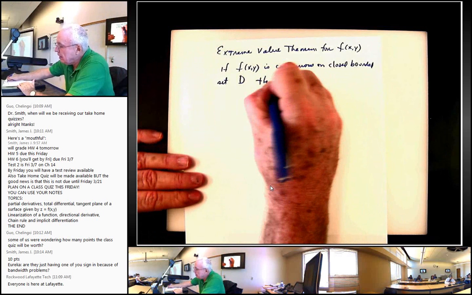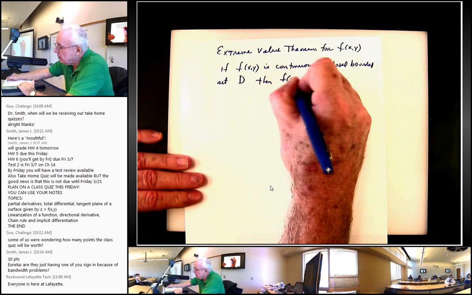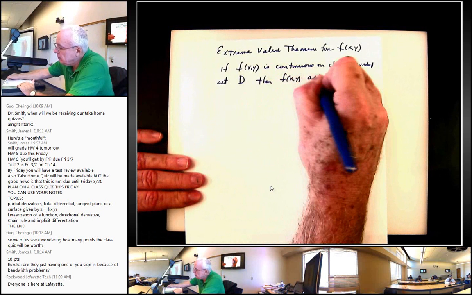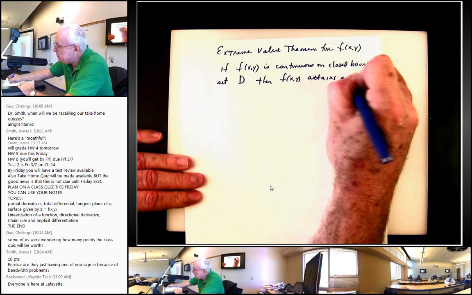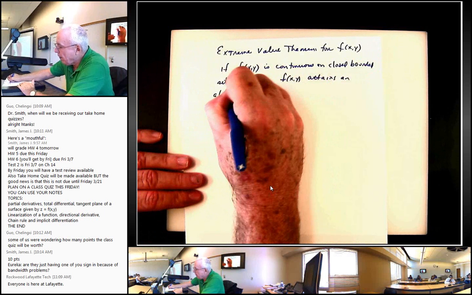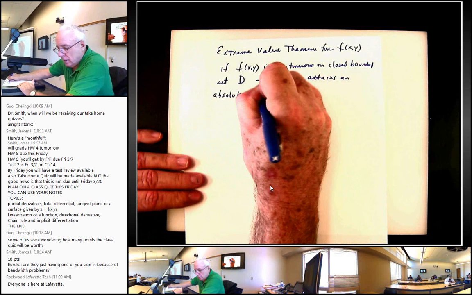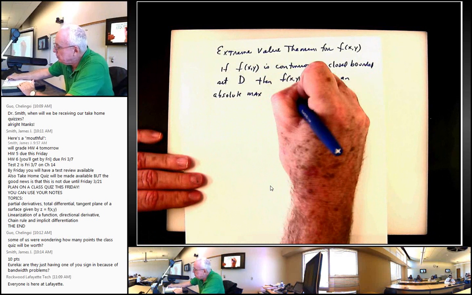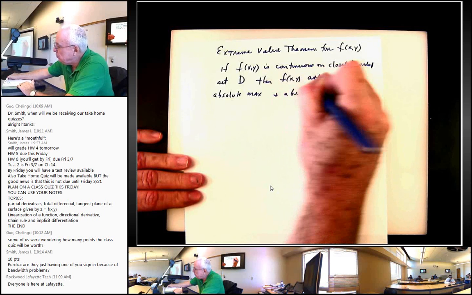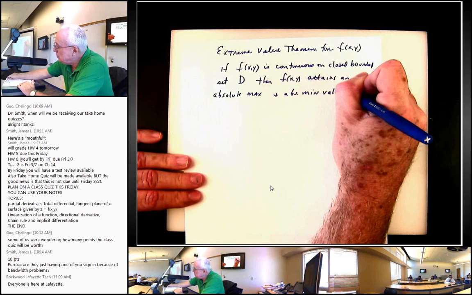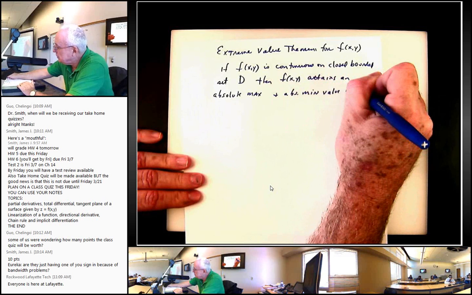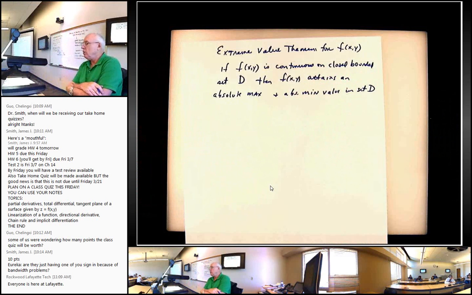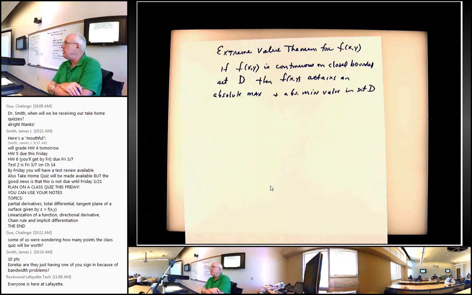Then f(x,y) attains an absolute max and absolute min value in the set D. So we'll have a biggest value for xy's in that set and a smallest value.